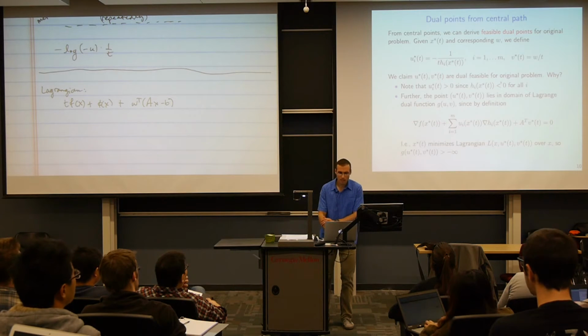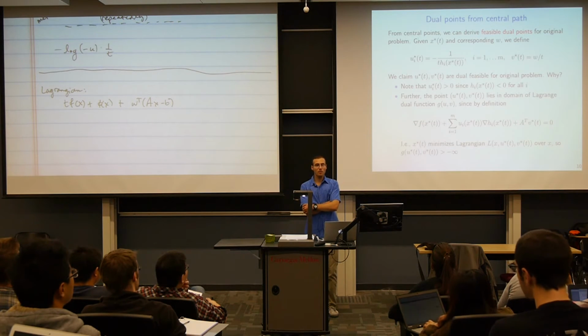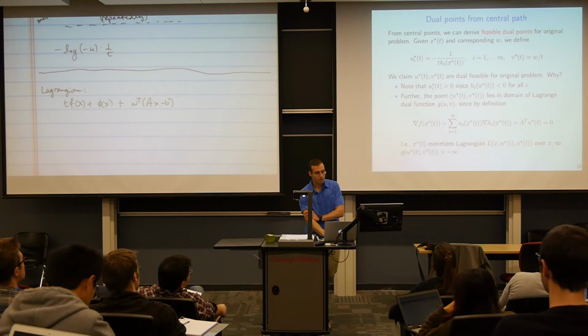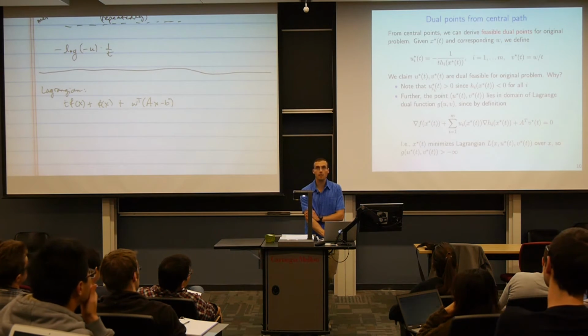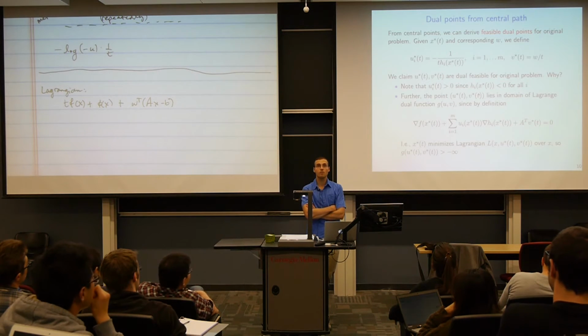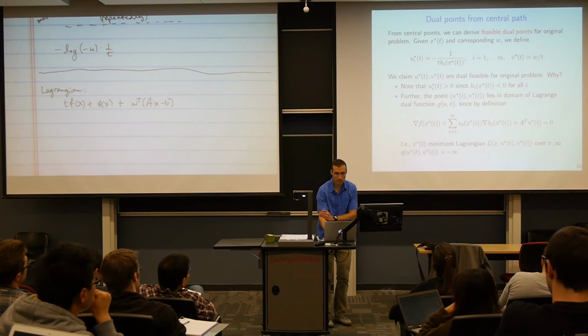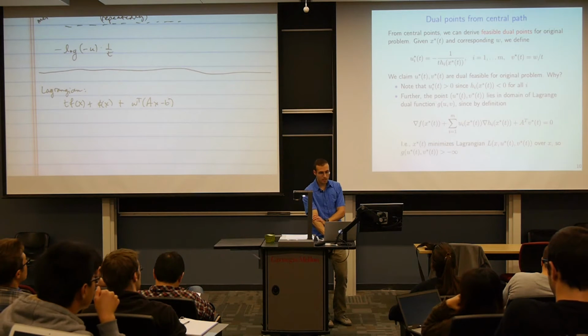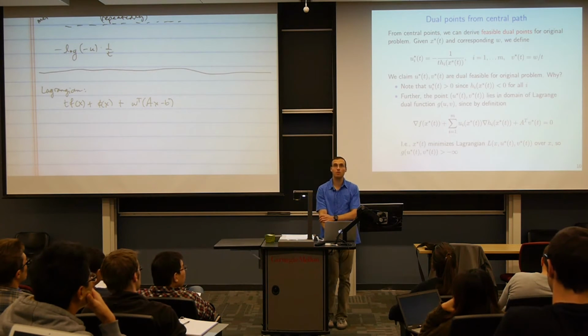Why are these feasible for the original problem? Well, we can see that pretty easily. First of all, each component of u_i is strictly positive because each component of h_i is strictly negative. This came from the primal feasibility condition for our barrier problem. And the more important one is that this lies in the domain of the Lagrange dual function.